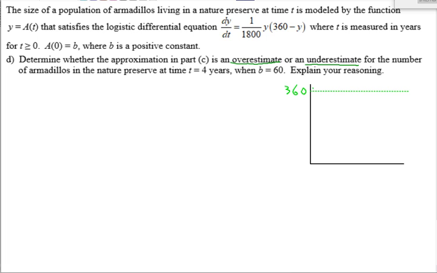The initial amount this time is 60, the initial population. And since that's below half of the carrying capacity, we'd start out concave up and then concave down.